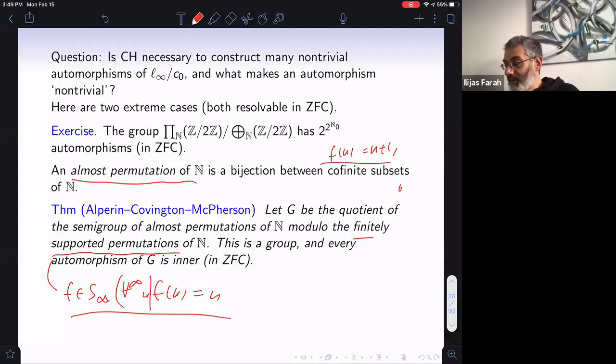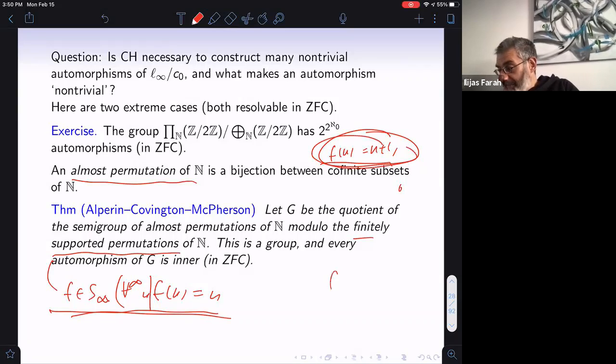So you're starting from a semigroup, and there are non-invertible elements like this one, but when you mod out by permutations with finite support, even things like this have an inverse. Basically, the f inverse just sends n plus 1 to n for all but finitely many n's, and for those for which it is not defined, it doesn't matter, because after modding out by this, you get a proper inverse. So this is a group.